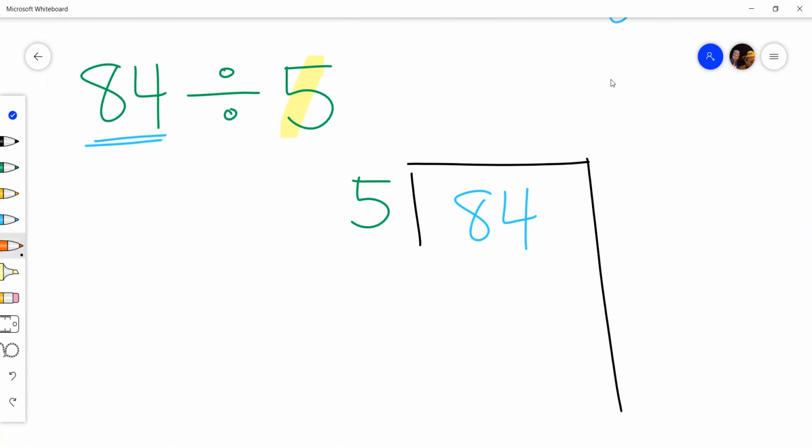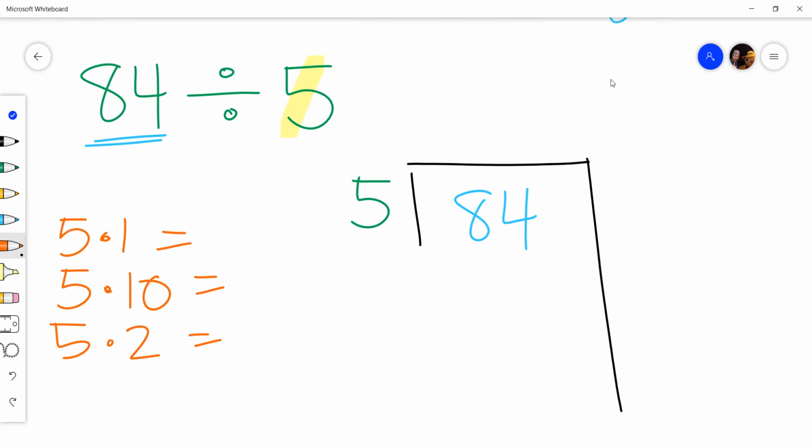With this technique, since the number's bigger, I start thinking about facts that I know to help me solve. So 5 times 1 is 5. If I know 5 times 1 is 5, then I know 5 times 10 is 50.